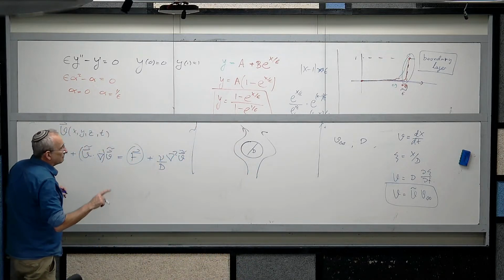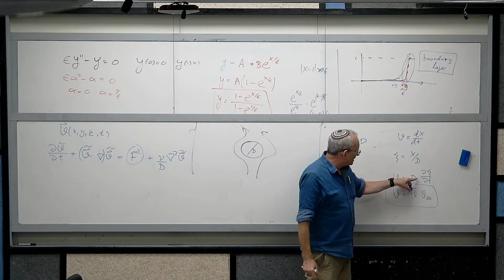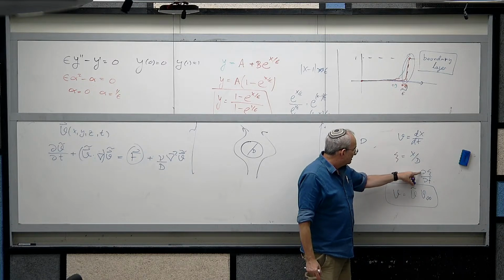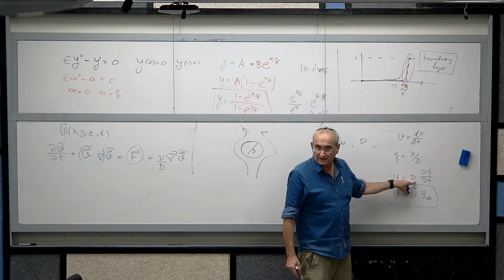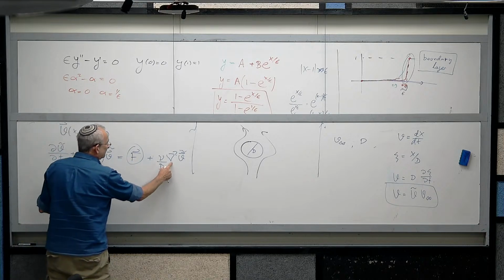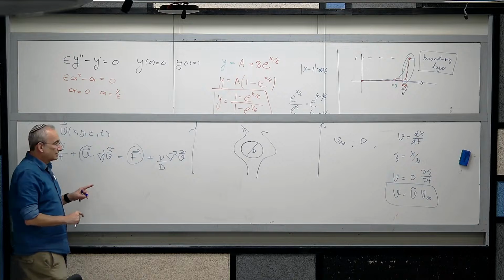Forward step. I told you that every v is becoming, because the derivative with respect to x is the derivative with respect to t times v times d, right? But here I also have a derivative with respect to x, and here I have the second derivative with respect to x.